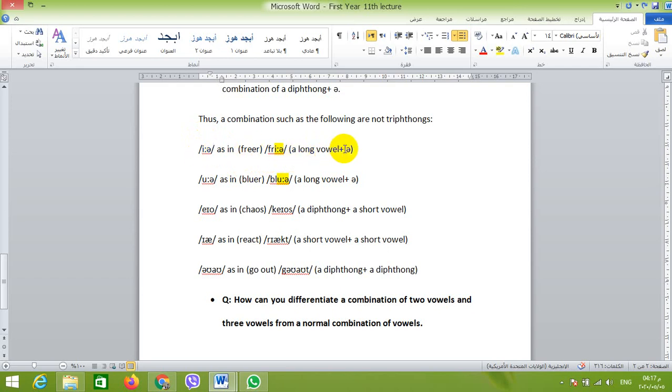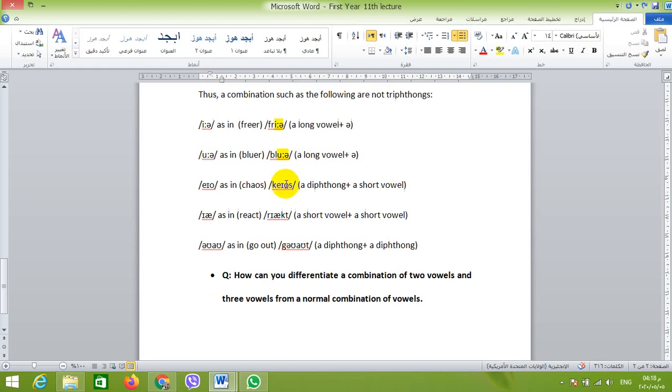Be careful, this is neither a diphthong nor a triphthong. Now, another example of a long vowel plus schwa is ua, blua. In this case, we have the long vowel u and schwa after. This is not a diphthong, this is not a triphthong as well.